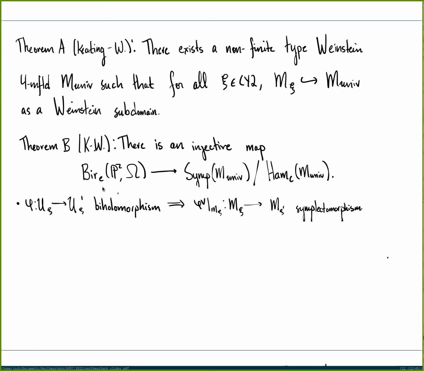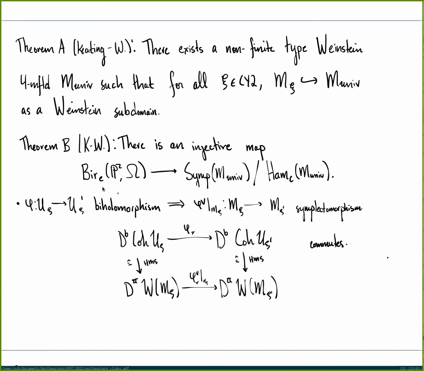But then by restricting to the subdomains, I actually get a symplectomorphism of the Weinstein subdomains, and you have a commuting diagram like this. So this correspondence is an enhancement of the Hacking-Keating correspondence, because instead of just thinking about the automorphism groups of (Y, D), which we know are all finite groups, this is a very infinite group, and it acts properly on this universal space, in a nice enough way that you can get geometric information out of it. So that's the theorem. Let me pause for questions.